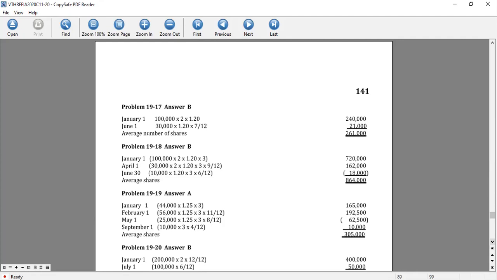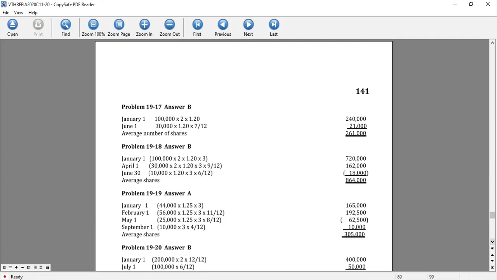Actually, the June 1 issuance of additional shares was no longer affected by the split because the split occurred on March 1. So it was only the beginning ordinary shares. So the average number of shares is 261,000.